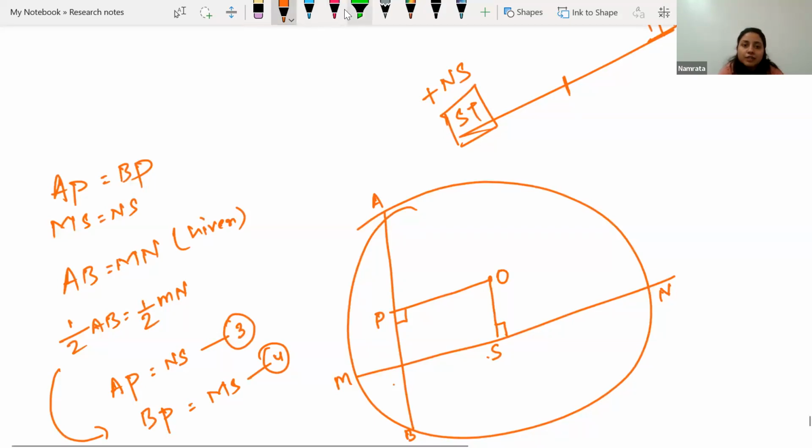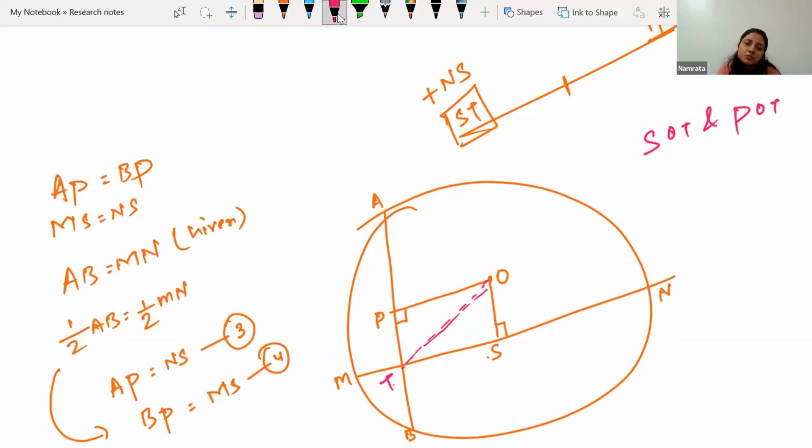Now, we are having these two triangles, triangle SOT and triangle POT. We are proving these two triangles are congruent, and after proving it congruent, we are getting ST is equals to PT by CPCT. This is equation number 5.